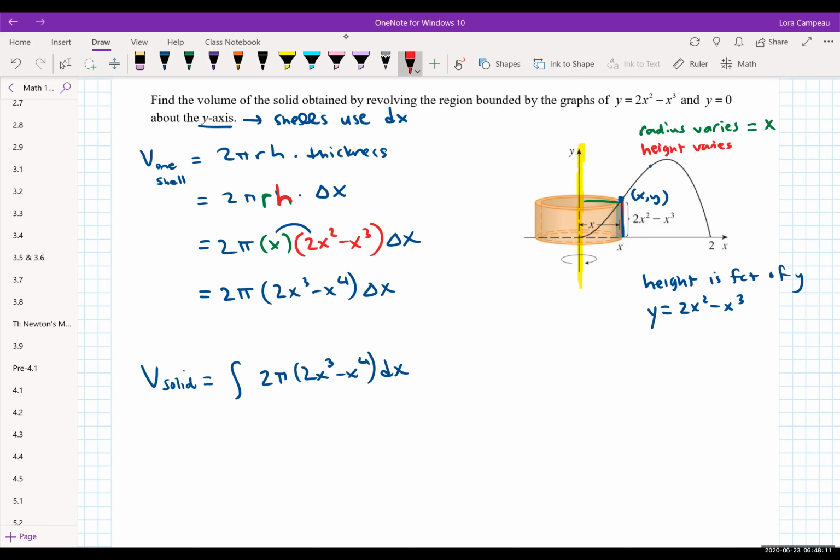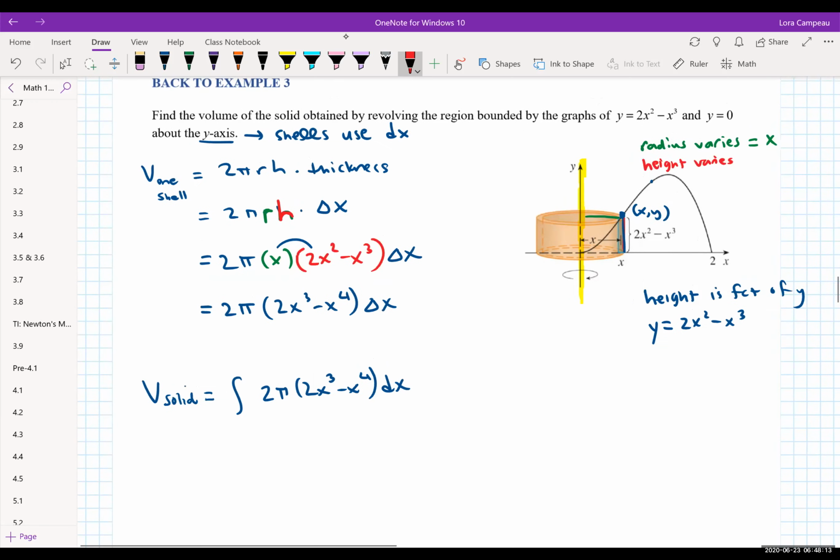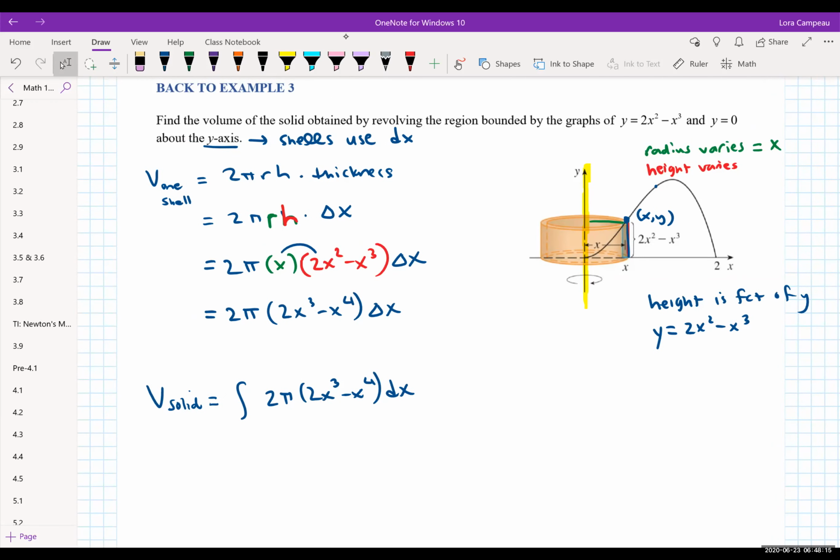If you look at what they're trying to help us out with, according to the picture and the regions, we could eventually figure this out. The x looks like it starts at 0, and we could actually plug this in because if y equals 0, the x has to be 0. And at this point, the x also has to be equal to 2.